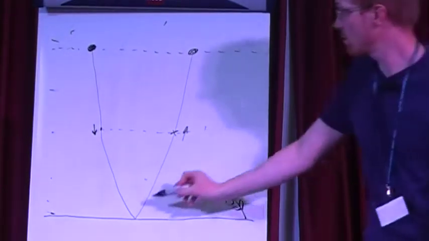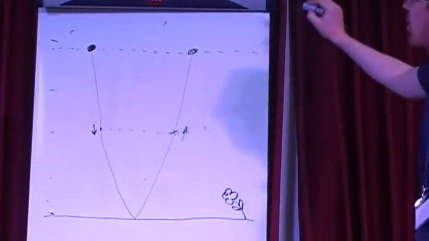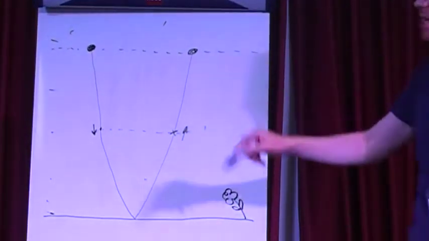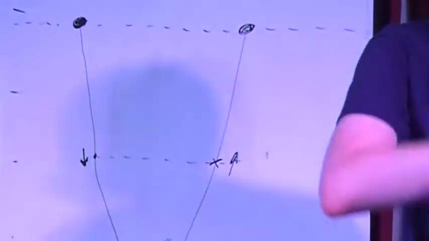So this means, and then of course it's going to do the same thing again. It's going to keep bouncing in the same pattern as long as it doesn't lose energy to the floor or the air around it, stuff like that.